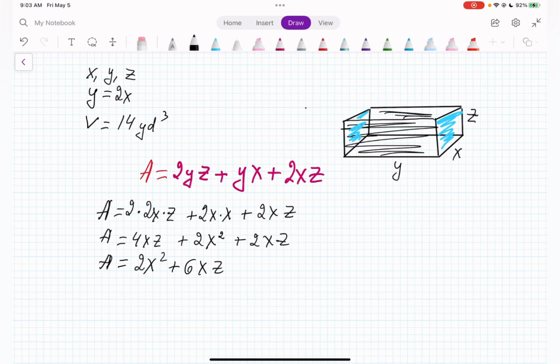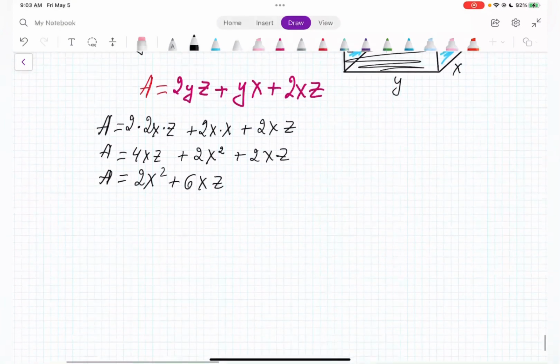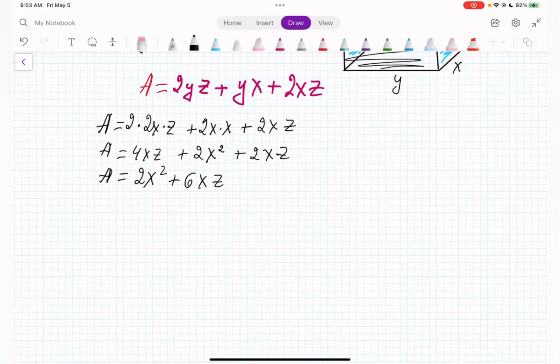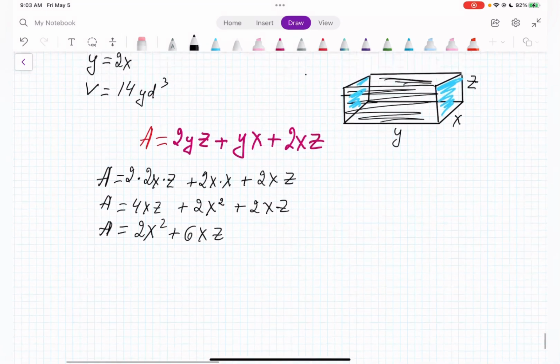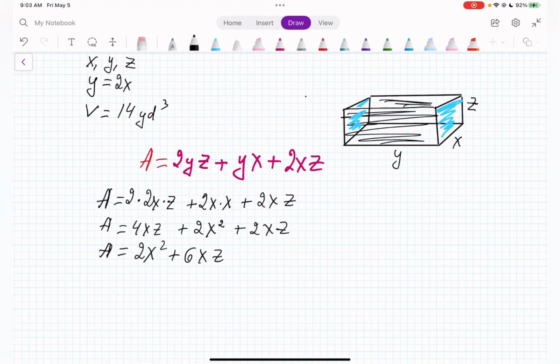Because the problem is asking for the dimensions of the dumpster that will minimize surface area, and we have here surface area, 2x squared plus 6xz. So the next step, we should take the derivative, right? Set it equal to 0, get the critical point, and find out if it's a maximum or minimum. If it's a minimum, then we could plug it into the original area and get the answer.